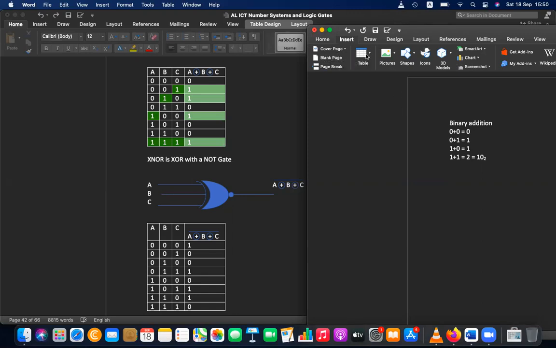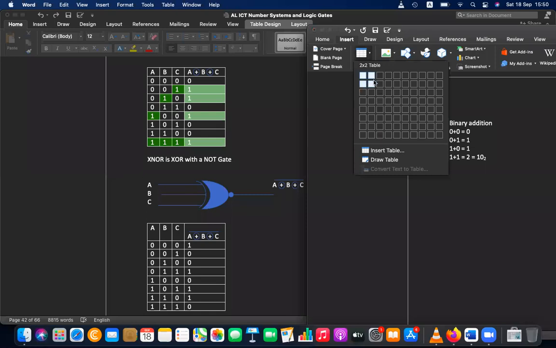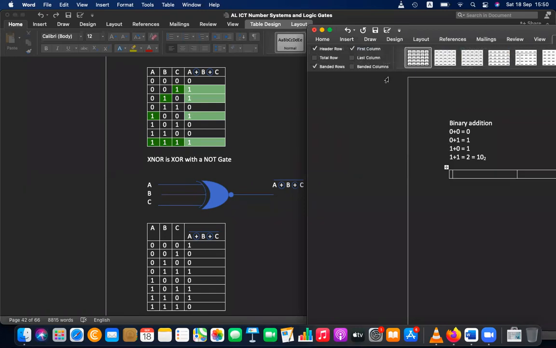The first number, second number, and then the addition and the remainder. It has only 4 cells.